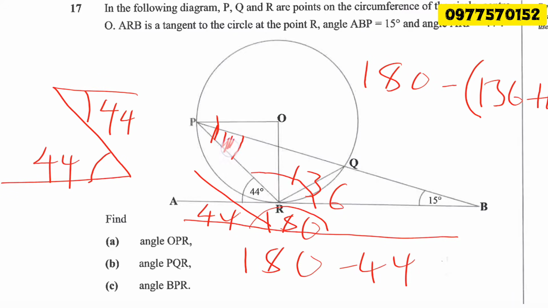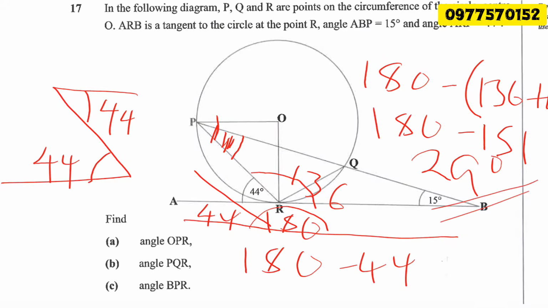So let's calculate 180 minus, when you add 136 plus 15, we're going to have 151. Okay, so 180 minus 151 is 29. So 29 degrees. So that's the value of this angle, which is here. 29 degrees.